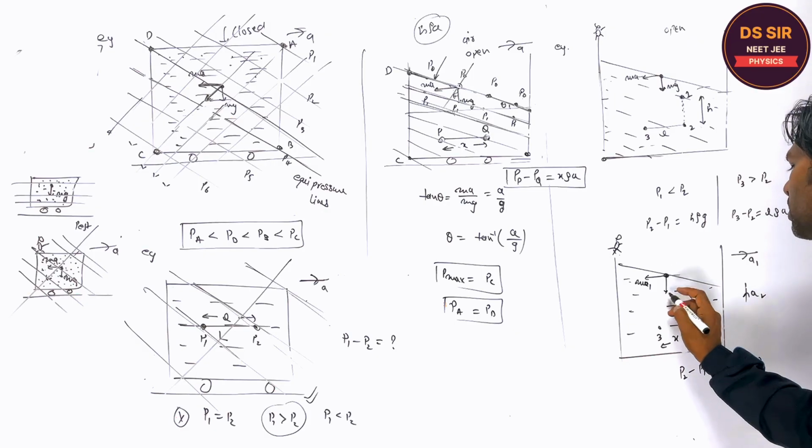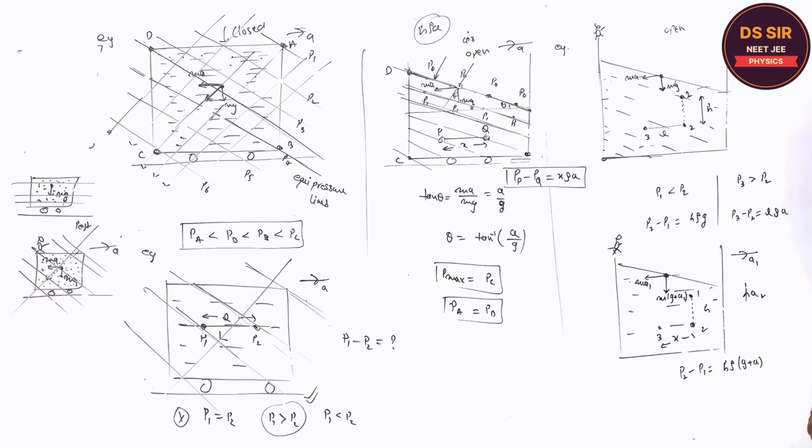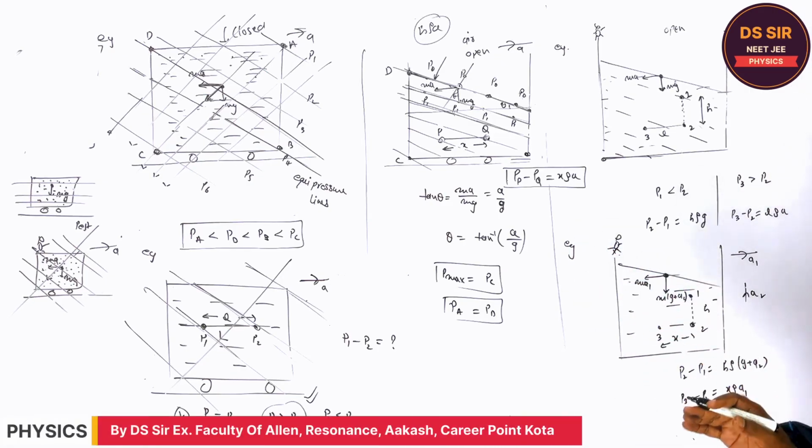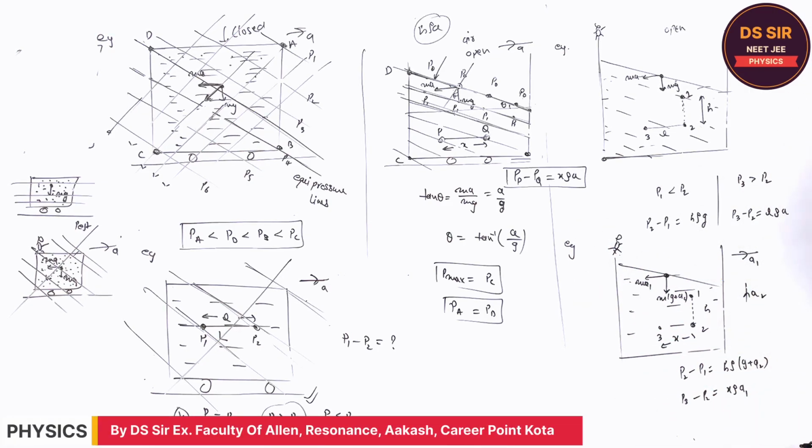This is what? Say m times g plus A2. Are you getting or not? So what is the difference between P3 and P2? x rho A1, and this is A2. You are getting this point or not?